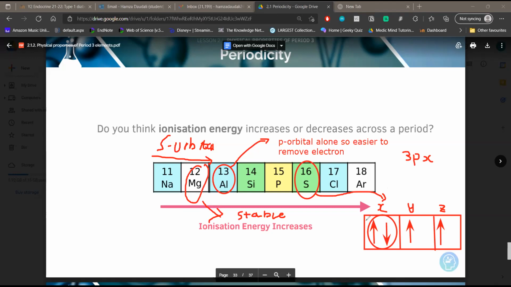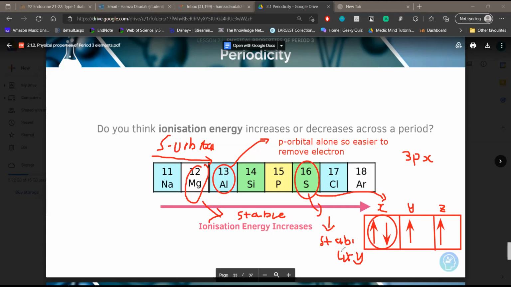And this repulsion is going to lower the stability. So, as you can imagine, that's going to lower stability, which means it's going to be easier to remove that electron, because that electron already doesn't want to be there.